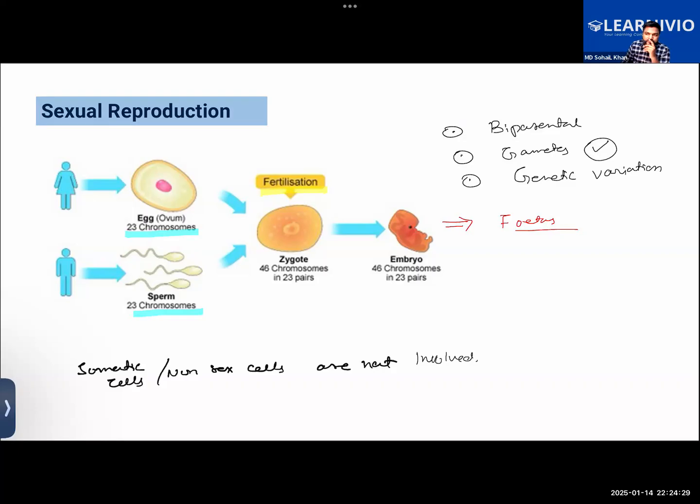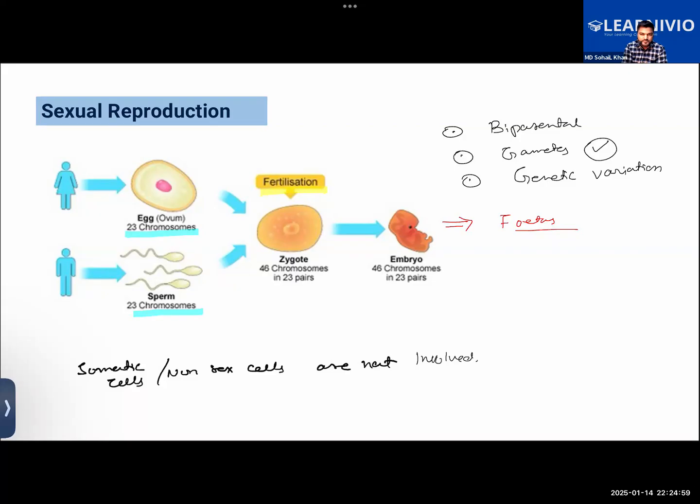Okay. So a female goes through the ovulation cycle, in which a single egg is released from the fallopian tube, and if fertilization occurs, the egg is attached to the walls of the uterus.